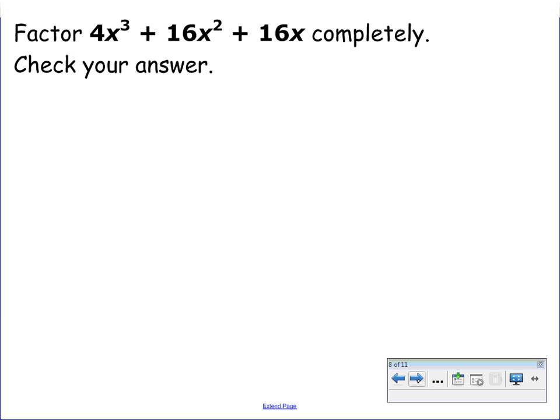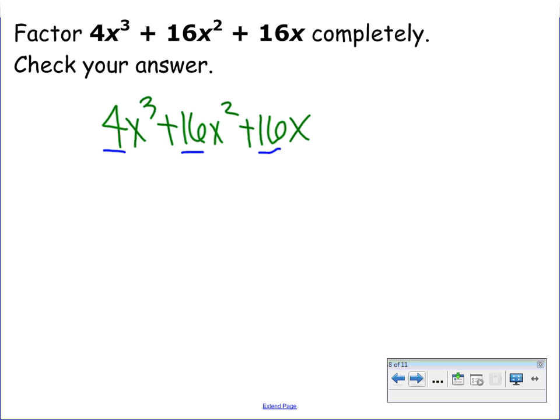Okay, moving on to this one. We have 4x to the 3rd plus 16x squared plus 16x. So where do we always start? We should be catching on by now with our greatest common factor. Okay, so what do a 4, a 16, and a 16 have in common? Definitely a 4. Now let's look at the variables. I have x to the 3rd, x squared, and x. They all have at least what?